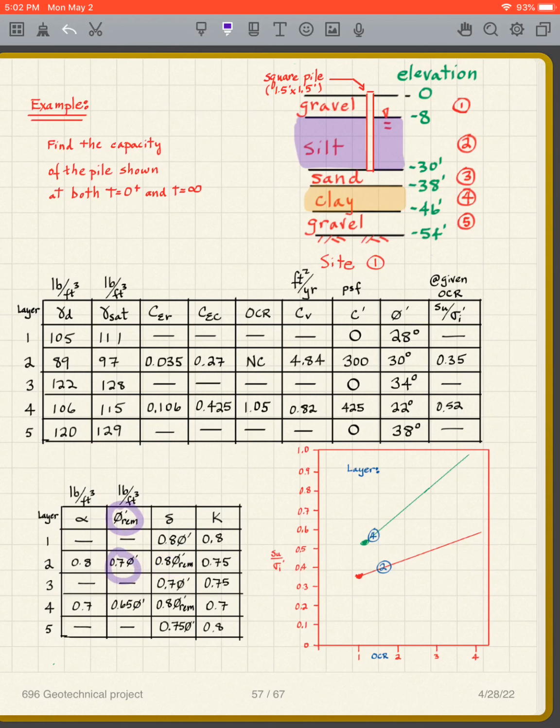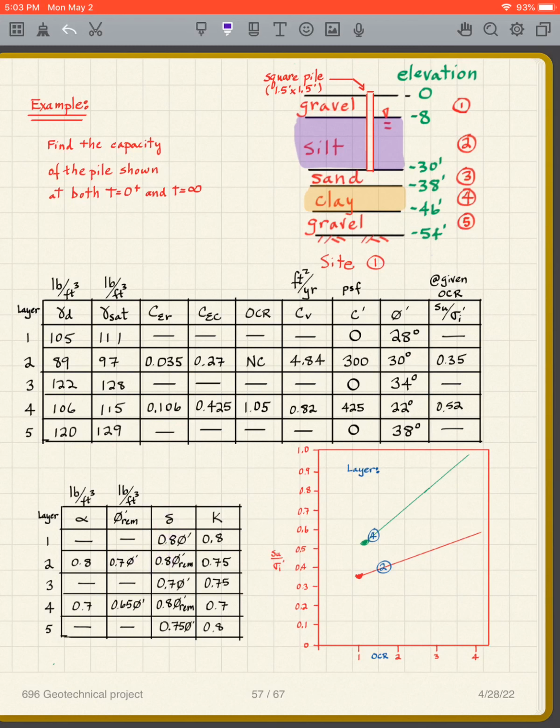In other words, we've damaged or remolded the silt around the pile. So instead of the regular phi prime, it's reduced to 0.7 phi prime. And then again, because the pile is smooth, I have a delta which gives me a 0.8.